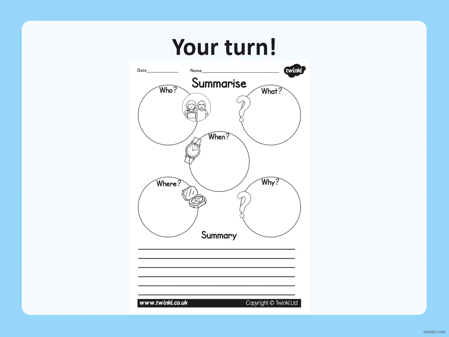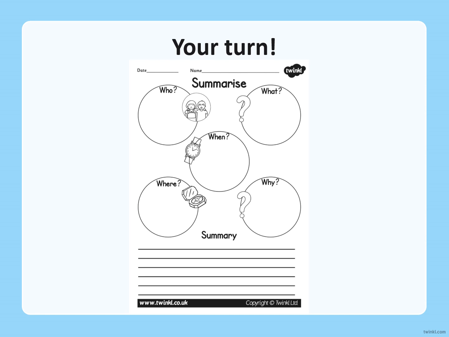Now it's your turn. With the text that we have just looked at and read together, I am going to ask you to fill in this worksheet that you can see on your screen here. I would have sent you a copy that you can print off. So I want you to answer all of the questions. Who are the characters? What is happening in the story?